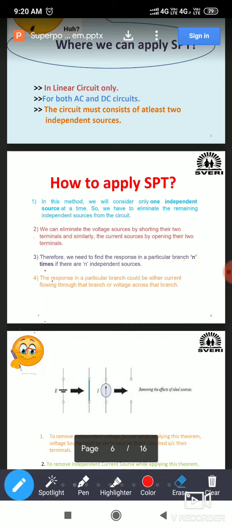It depends on how many independent sources are in the circuit; that number of times we have to find the responses. But the necessary condition is that it must consist of at least two independent sources. You have to observe that before using the superposition theorem.